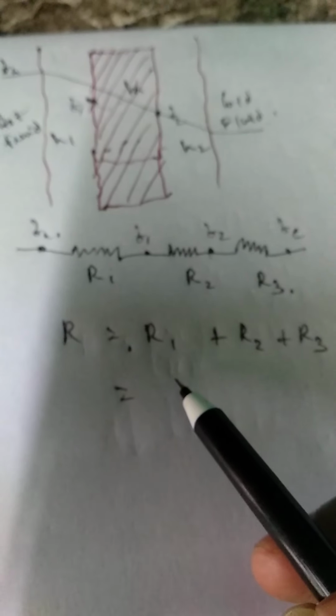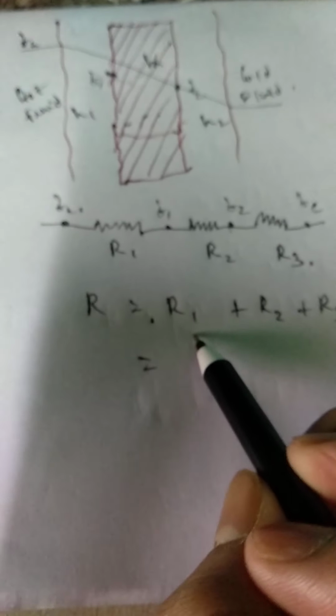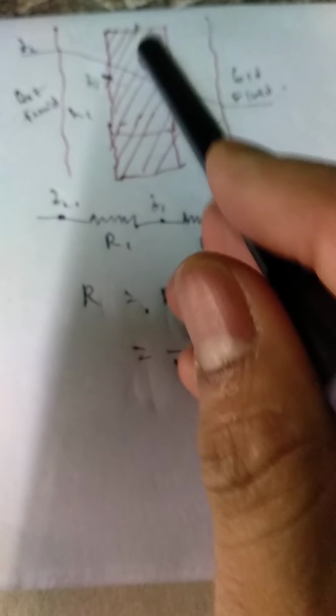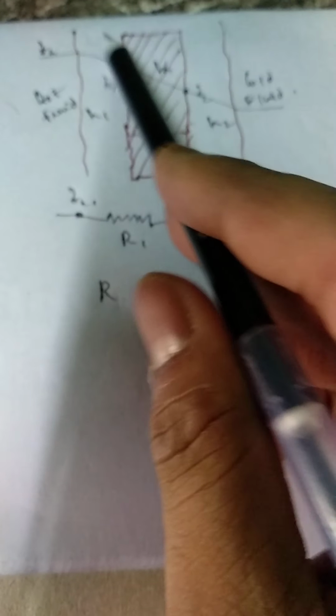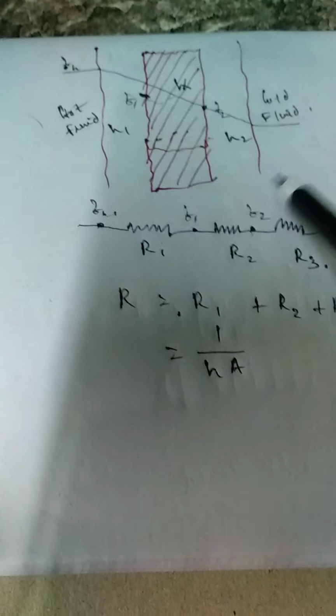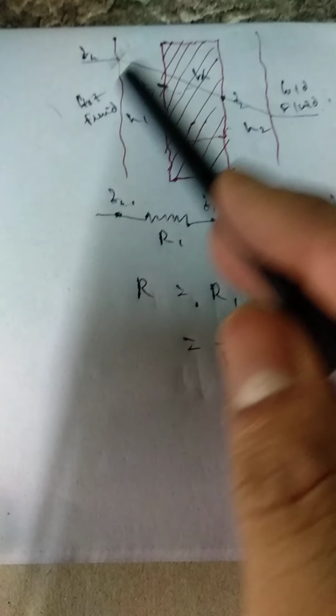As we have already seen, the resistance of a fluid will be 1 by HA. This A is the cross sectional area, which will be the same for all these three surfaces.